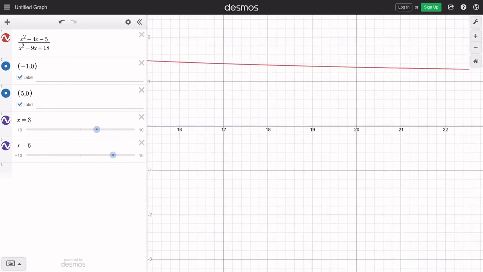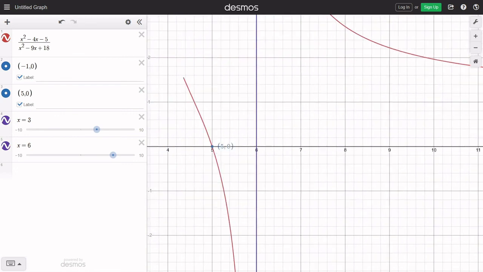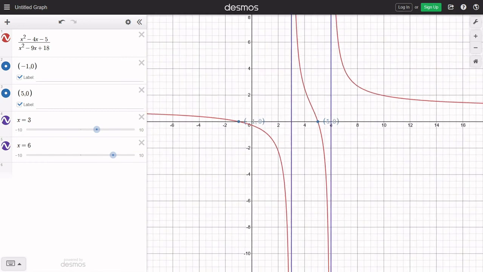The degree on top and bottom are the same, which means that the horizontal asymptote for this guy is going to be y equal to the ratio of the leading coefficients, which you see here is 1 over 1. So y equal to 1 is the horizontal asymptote.